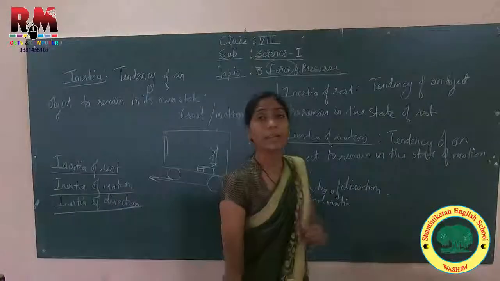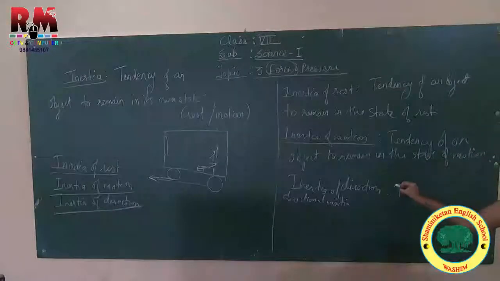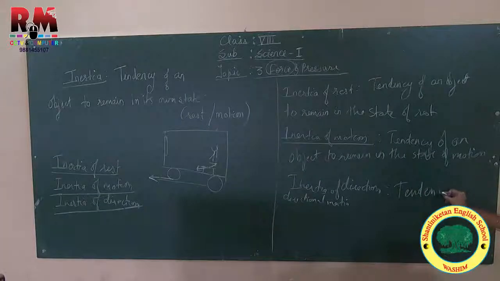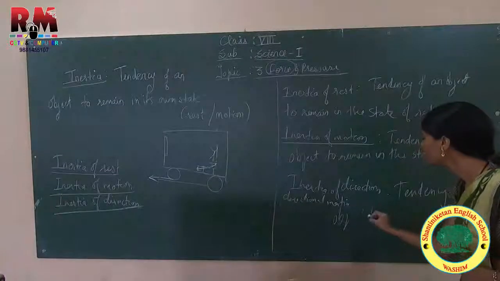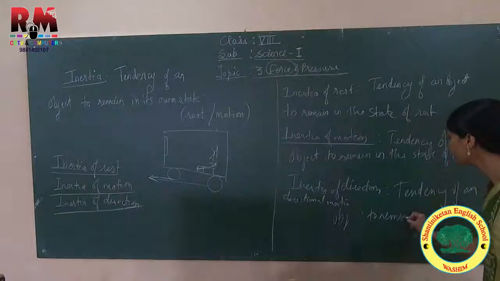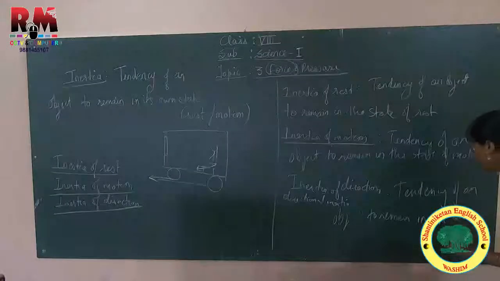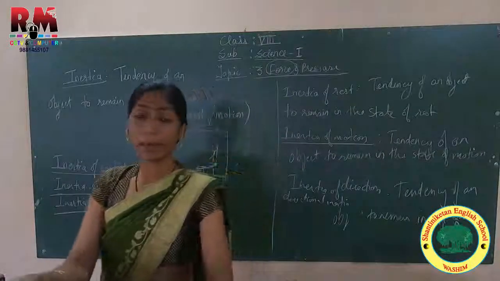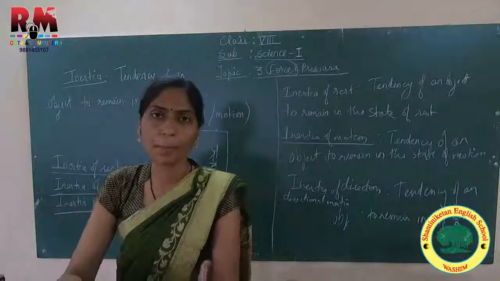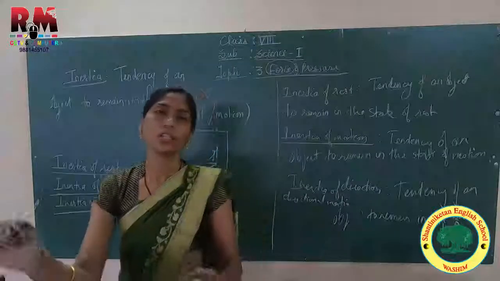Again the same: tendency of an object to remain in its own direction is said to be inertia of direction. So you can imagine, or you can consider many of the examples around you, and by this you can easily explain what inertia means. Okay.